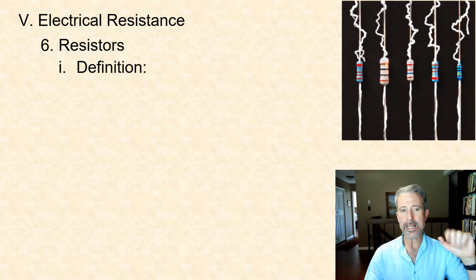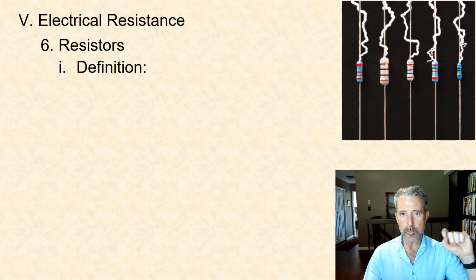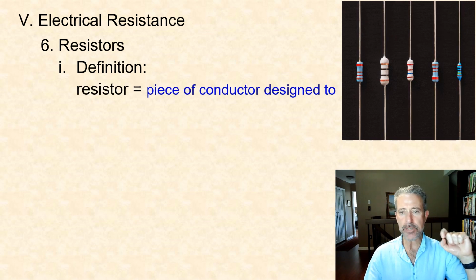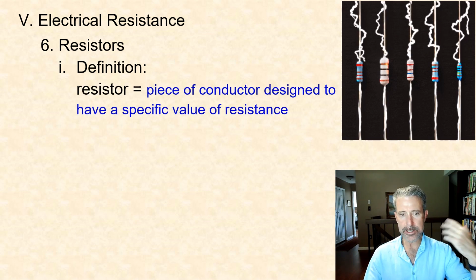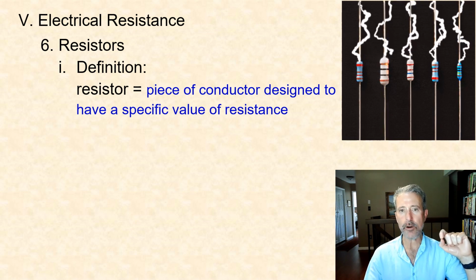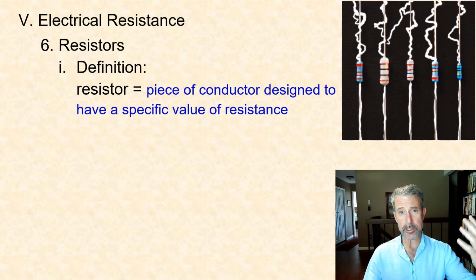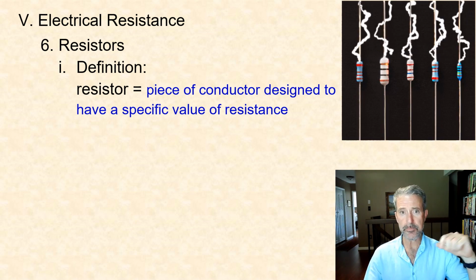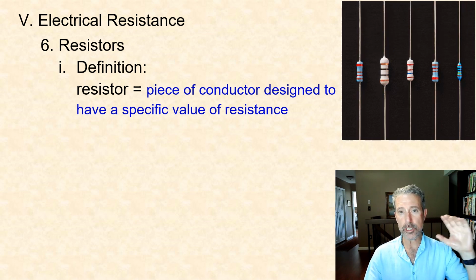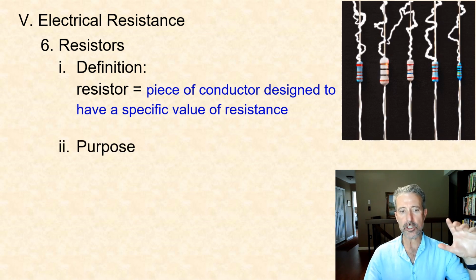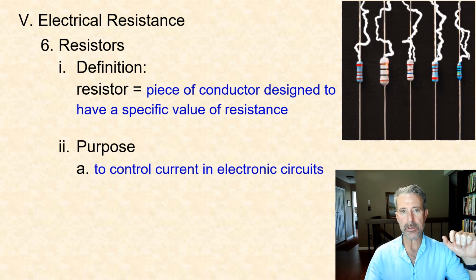So it turns out that a resistor is nothing more than a piece of conducting material that is designed to have a specific value of resistance. So in circuits, and this is something that we'll talk about in our next lesson, we can use resistors to control the current in a circuit.